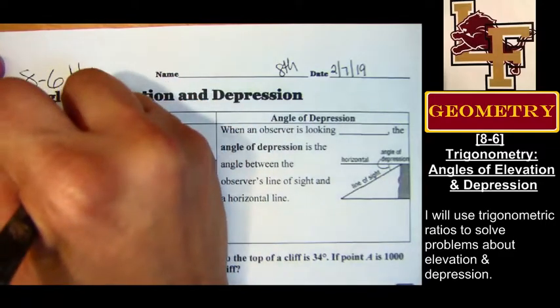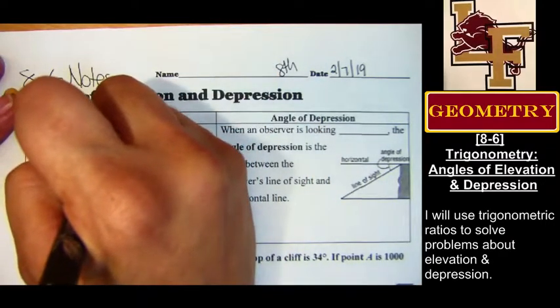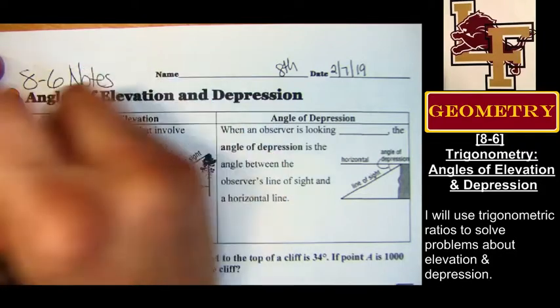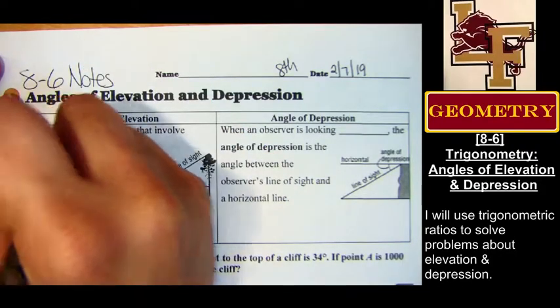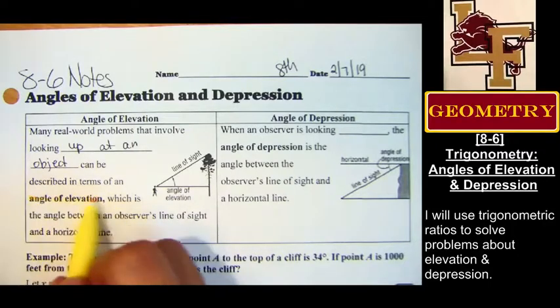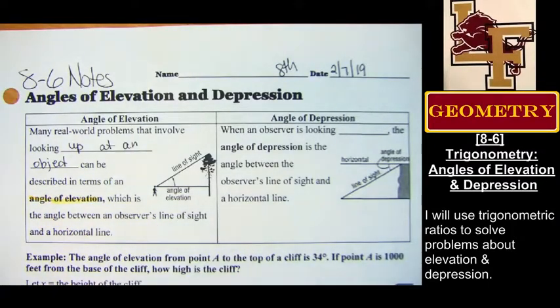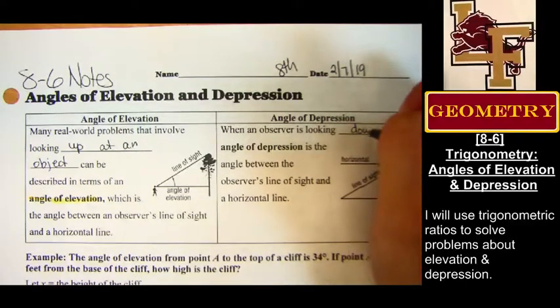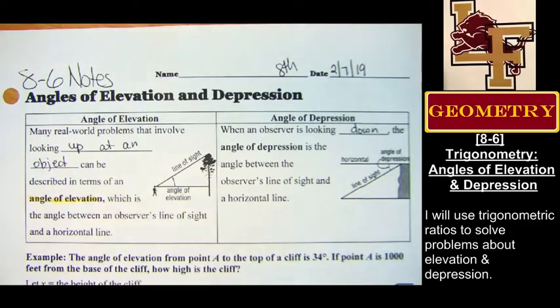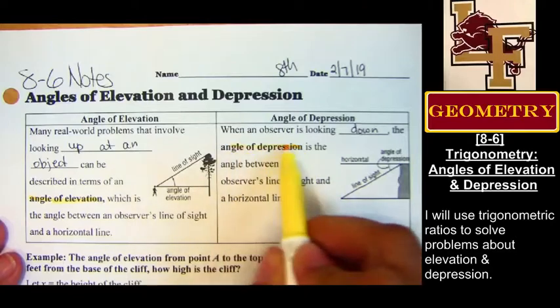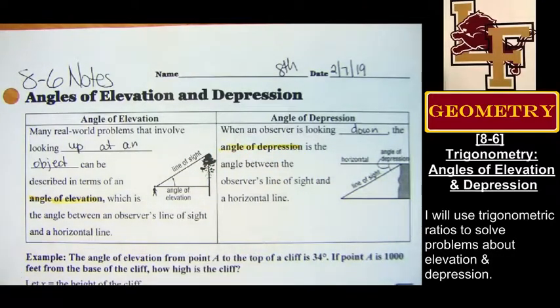So if we have a problem that involves looking up at an object, we're going to call that angle that our head makes from looking forward to looking up at the thing, the angle of elevation. When we're looking down at something, our eyes looking straight forward, but we look down this time, that's an angle of depression. Okay? So looking up, angle of elevation, looking down, angle of depression.